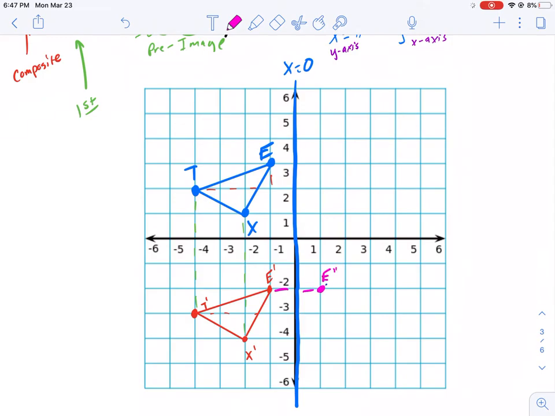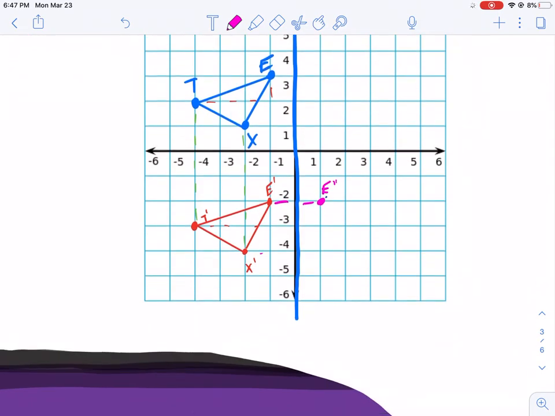That's my E double prime, just to show you that it's different. Same thing, the X, 1, 2, 1, 2. There's my X, and you guys can watch my video refresher on reflections if you're having trouble with this. But essentially, you are counting the distance to the line of reflection and then copying that distance to the other side of the line.